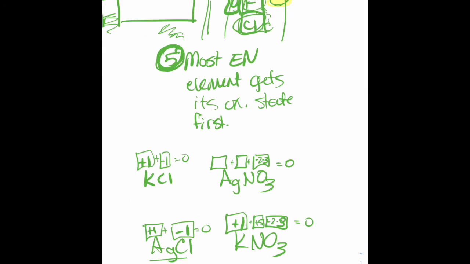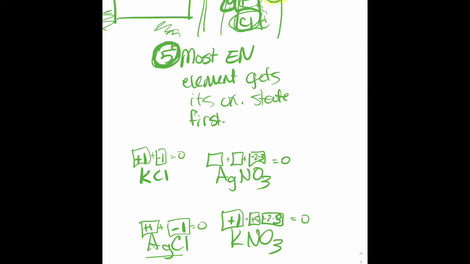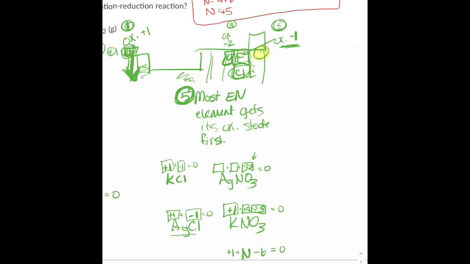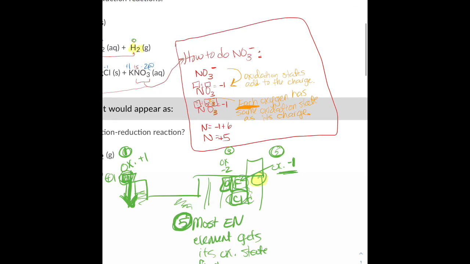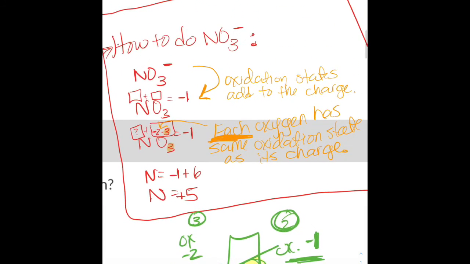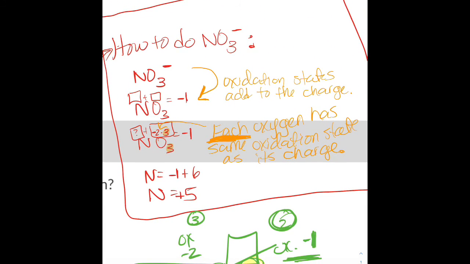Now, the easier way to do something like this, since Ag and NO3 are kind of unknown: we already have one guy labeled. The best way to handle this is to break it into a little group, and I have how to do this up here with the NO3. So again, we know that they are going to add up to -1.